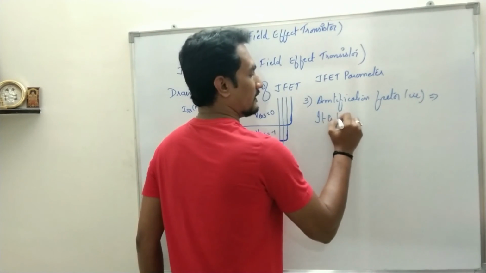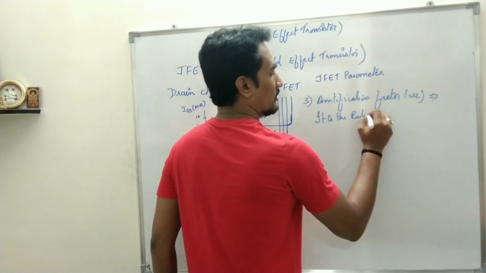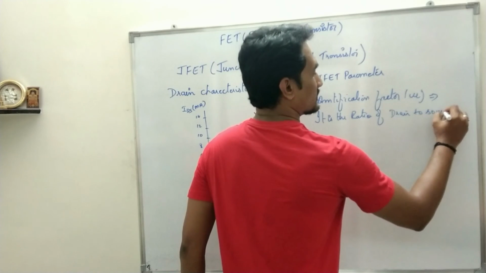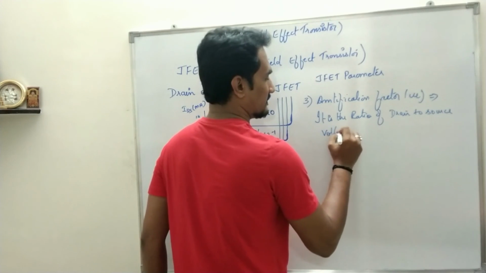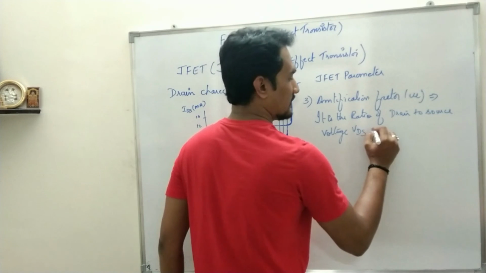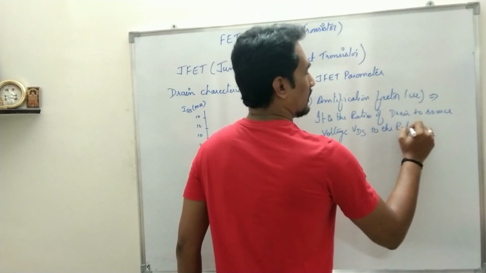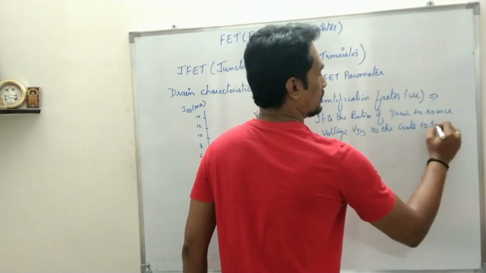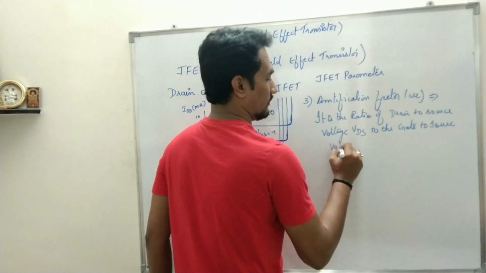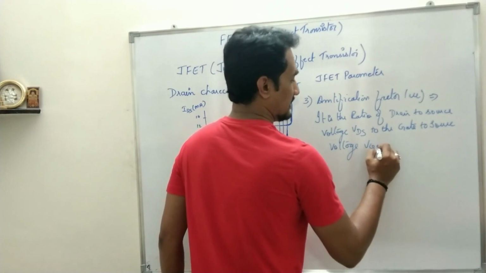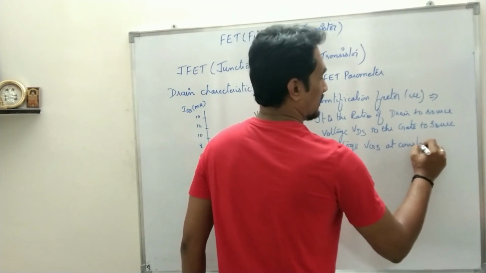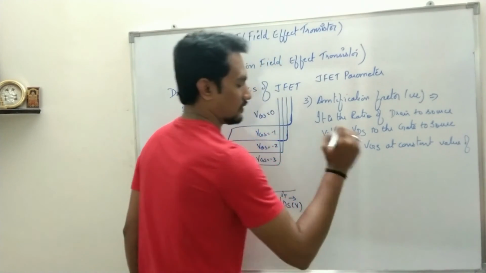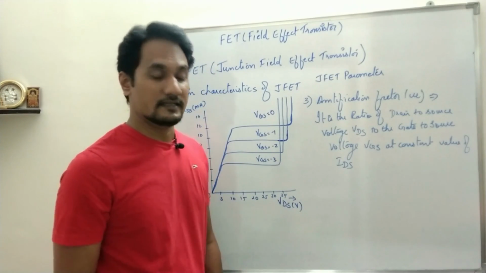It is the ratio of the drain to source voltage, VDS, to the gate to source voltage, VGS, at constant value of IDS.